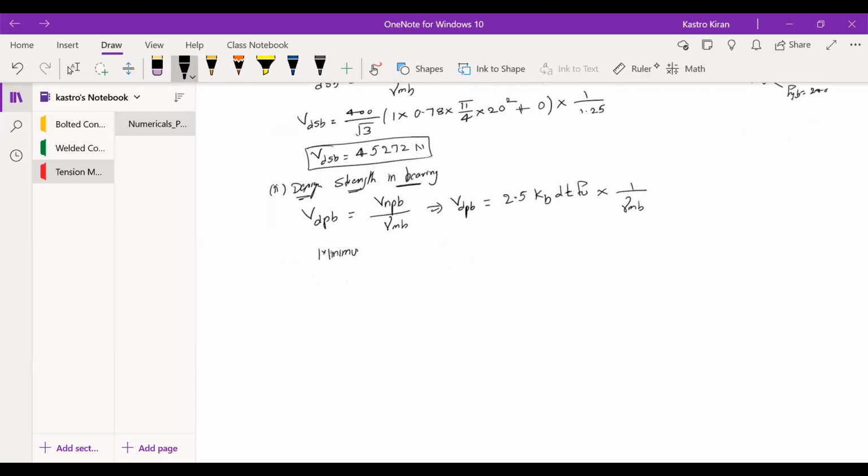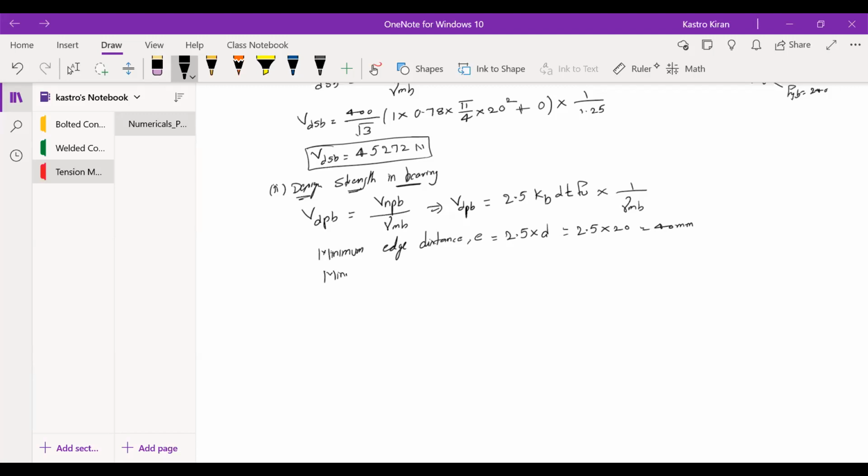Therefore, minimum edge distance, that is E, equals, you know the formula, 2.5 into D, that is 2.5 into the diameter of bolt, which is 20. So you can get it as 40 mm. This is the minimum edge distance.